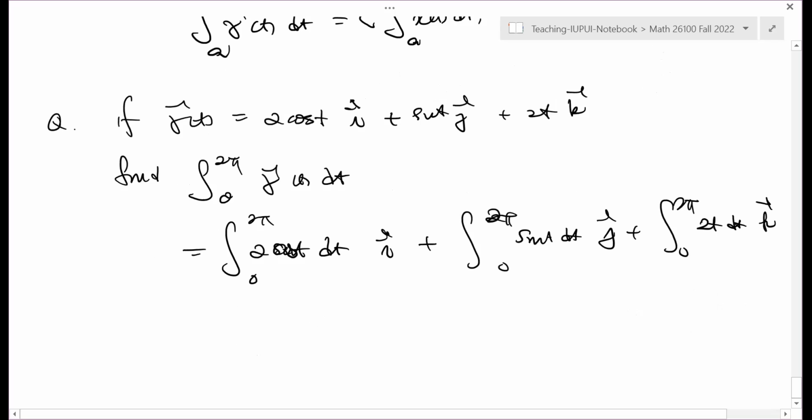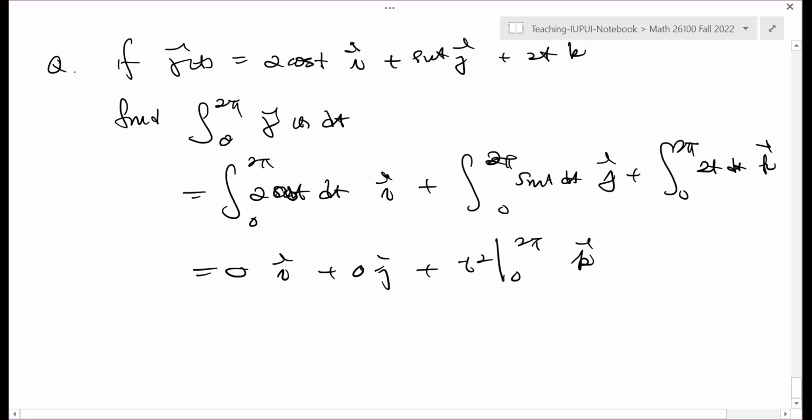Well, the integral of cosine t and of sine t over the whole period from 0 to 2 pi is going to be 0. So it's 0 i, 0 j, and for 2t the antiderivative is t squared, from 0 to 2 pi. So that is going to be 2 pi squared, right?